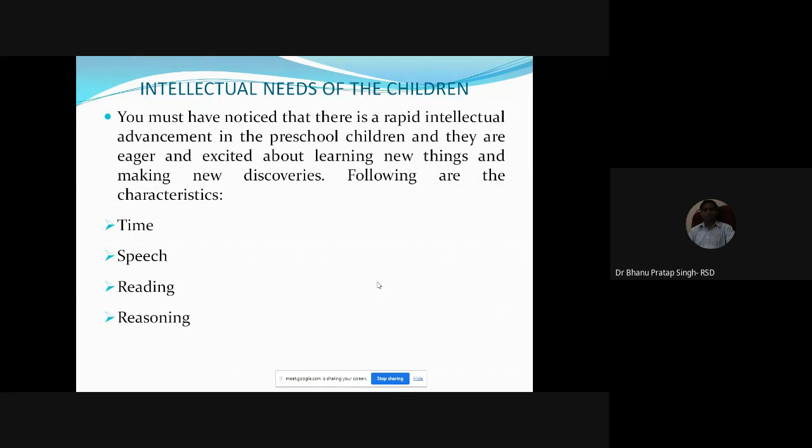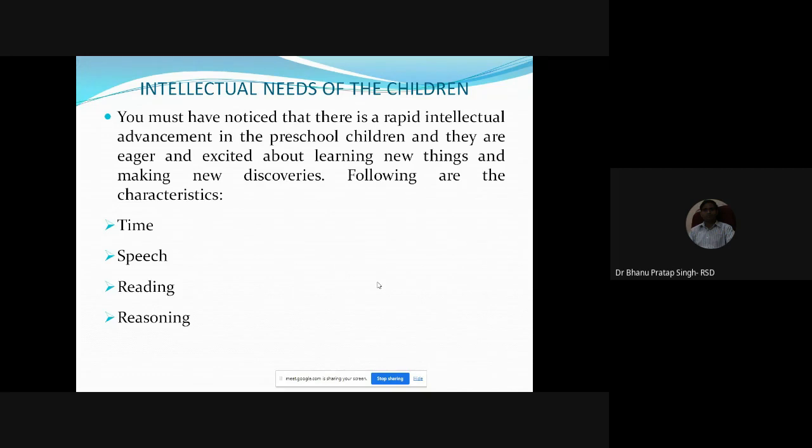Intellectual needs of children. You must have noticed that there is a rapid intellectual advancement in preschool children, and they are eager as well as excited about learning new things and making new discoveries.